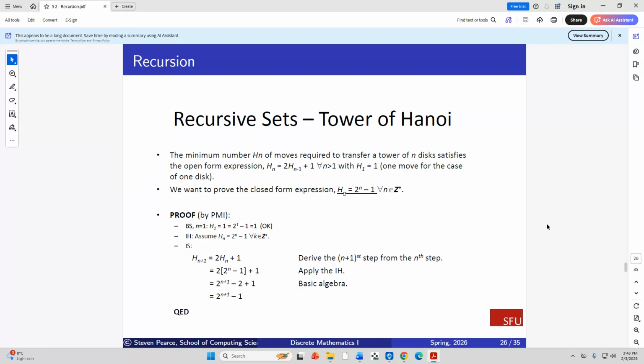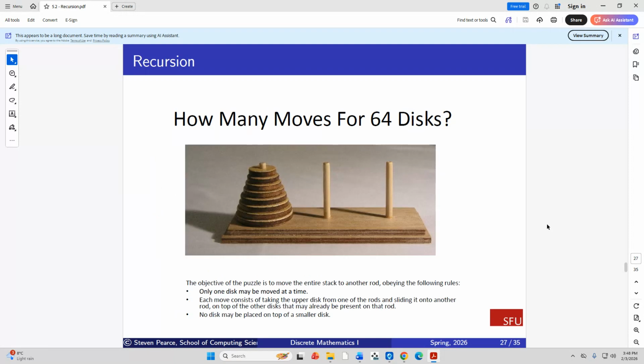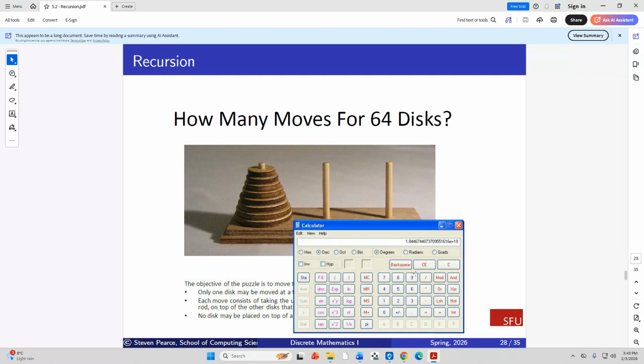So, how many discs to move? 64 discs, which was what the king way back when of some country proposed to one of his scholars. And how long would it take to do that? If you could do one disc at a time, it would take that many years, 10^19 years.